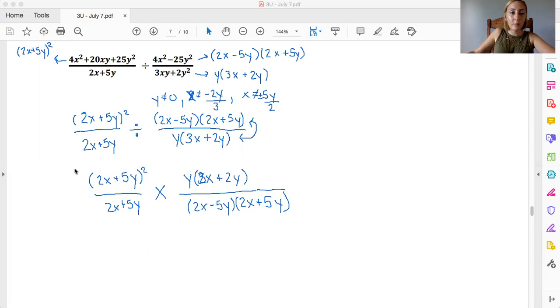So keep in mind that this is the same thing as 2x plus 5y times 2x plus 5y. Okay, that's what that means. So we're canceling 1 out. We are left with 1. Actually, it cancels out here as well, so it cancels both of those out.